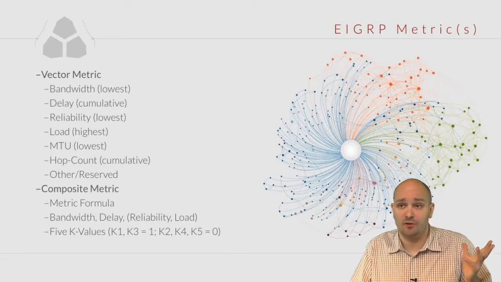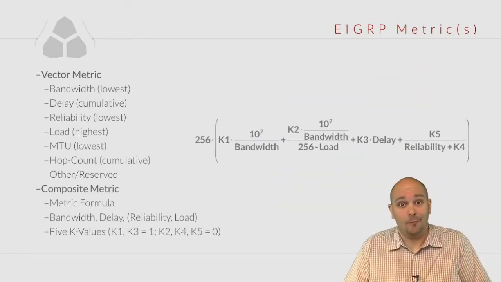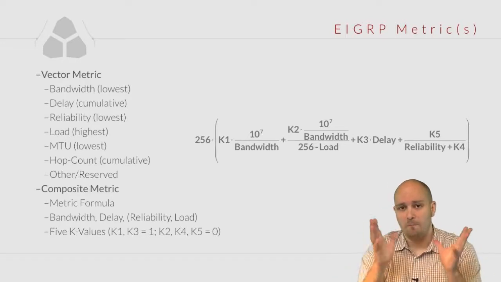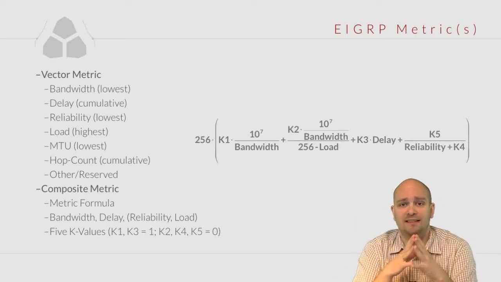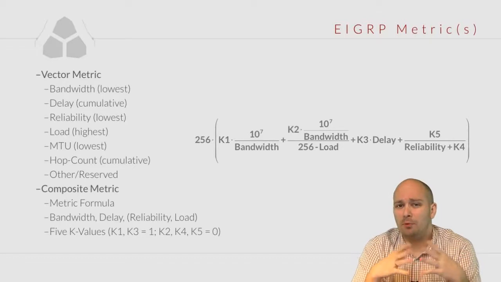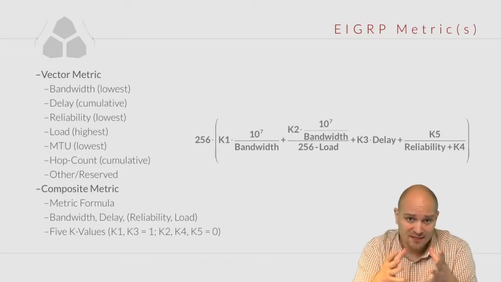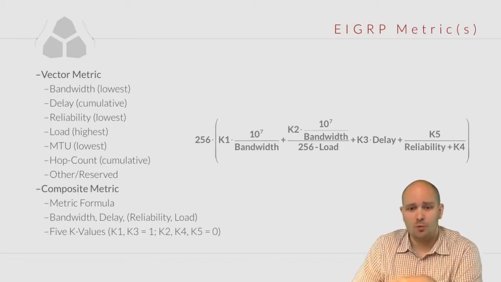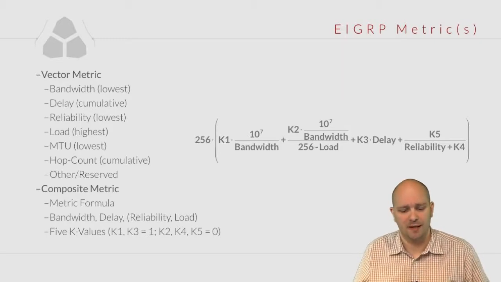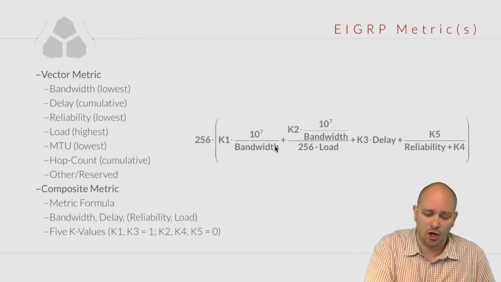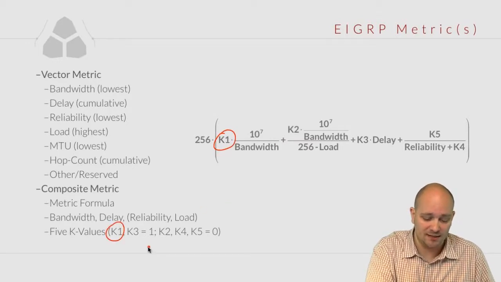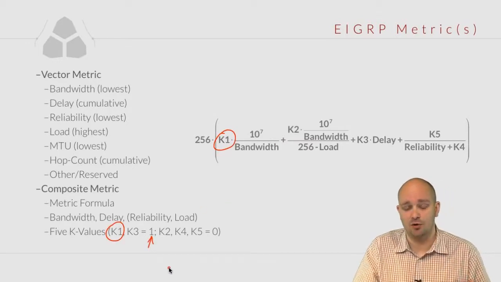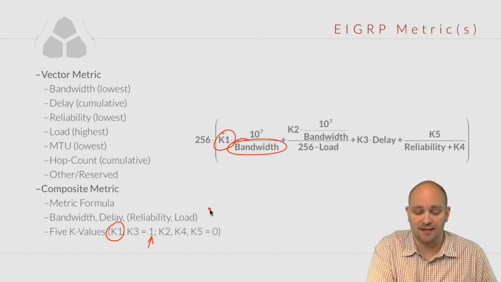So let's take a look at the metric formula. Wow, this is fun. Now, what I want you to look at here is not something that you can probably or possibly remember. This is a very involved formula. So let's take a look at the important bits. The important bits here are that there is a certain K value number 1, and we can see that the default here is to have it a non-zero value that is related to bandwidth.